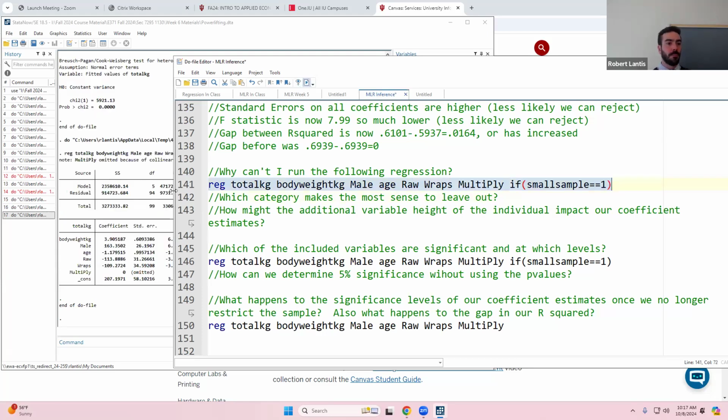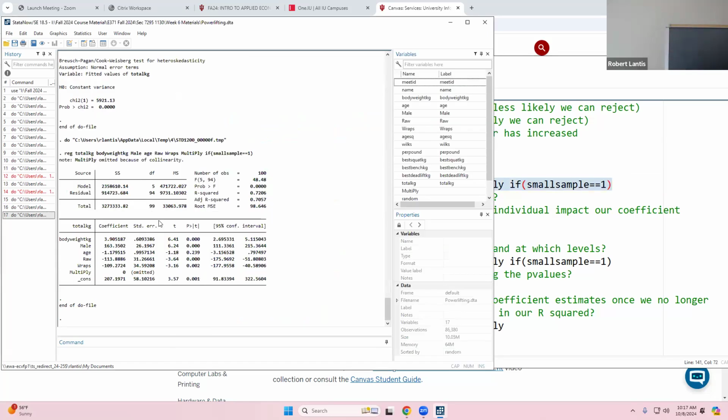So if I try to run this regression, notice we said Stata will do what? It kicks out one of my variables, right? Here it chose to kick out multiply, and that's fine. We said in general, what group do I probably want to leave out? Either the lowest or highest. Here, the predicted weight lifted is actually lower in both of the other two, so this would be an okay one to leave out, because I can see it must have had the highest average weight lifted relative to the other two categories.